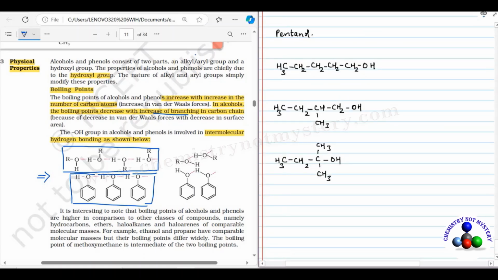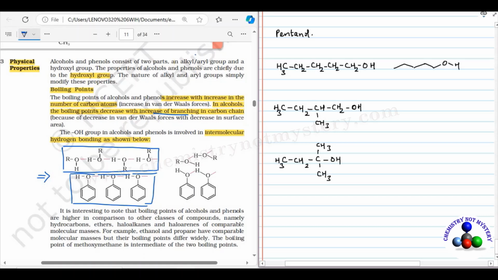Now let's draw the 3D structure for the first isomer. Each carbon is sp3 hybridized, meaning every carbon has tetrahedral geometry. Now let's try to draw the 3D structure of n-pentanol. So here there is a 5 carbon chain, 1, 2, 3, 4 and 5. This fifth carbon is bonded to oxygen and oxygen is bonded to hydrogen.